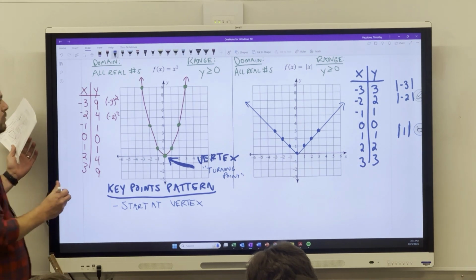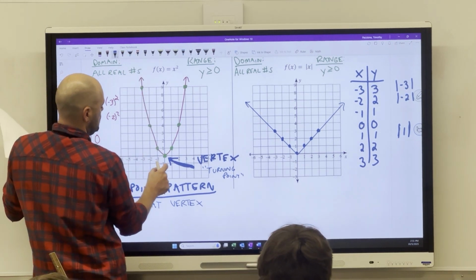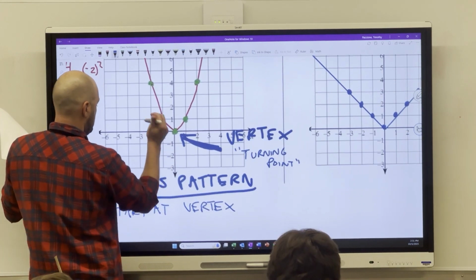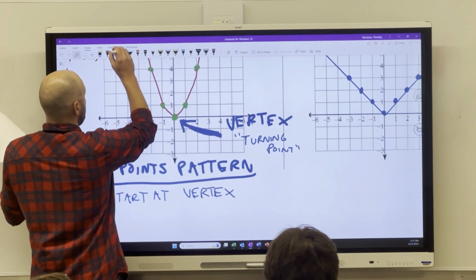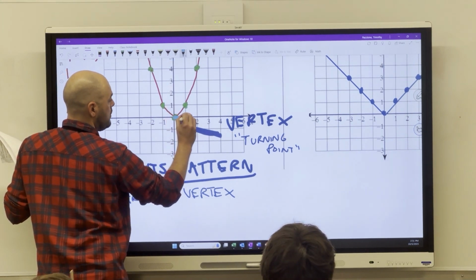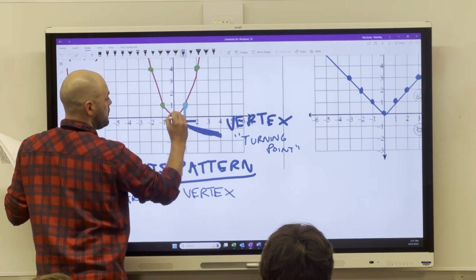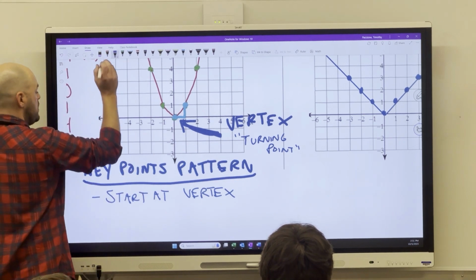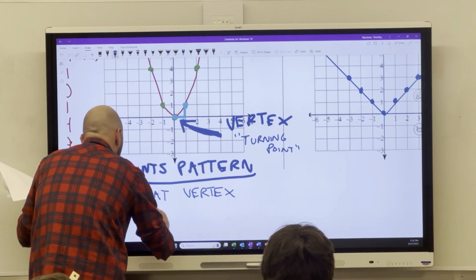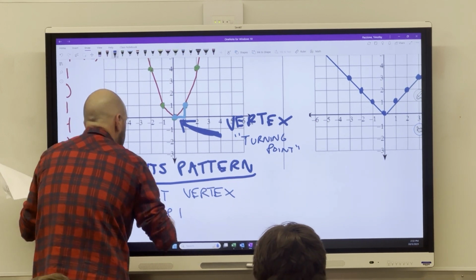And then we go, zoom in a little here. We start at the vertex, we go over 1, up 1 to get our first point, right? So over 1, up 1.